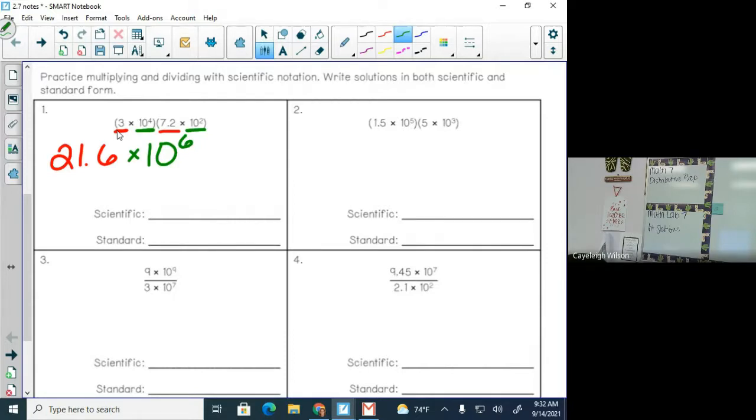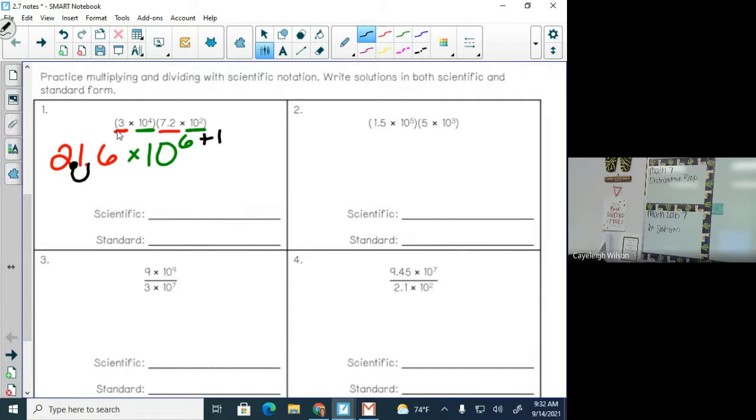Now, is that scientific notation? No, because there's more than one number in front of the decimal. So I'm going to take this decimal and move it one place over, and I'm going to add 1 to the exponent.